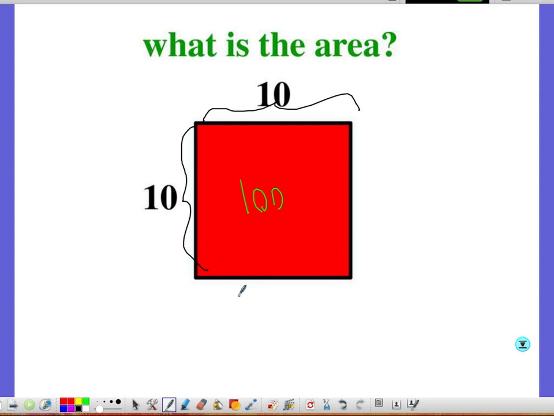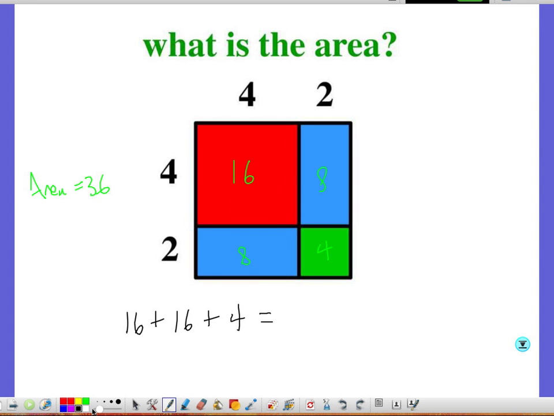So we get 10 squared, which is equal to 100. And I did get some students that were able to do this as another way to solve for the area.